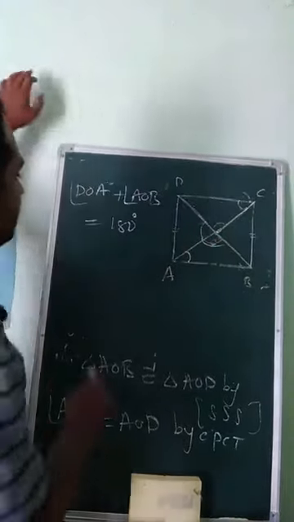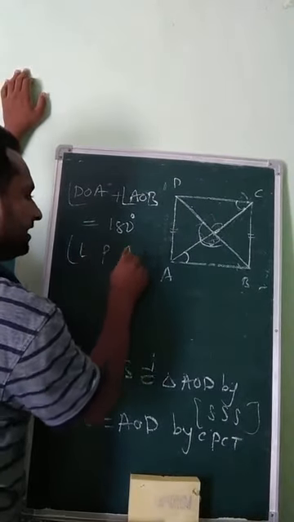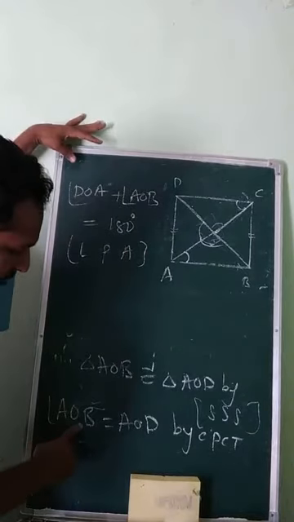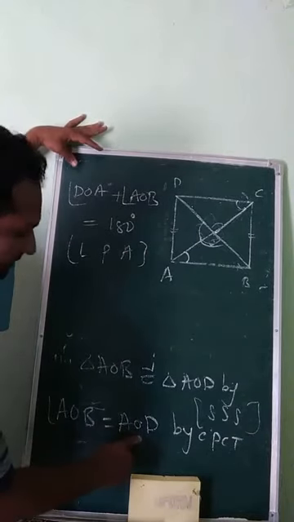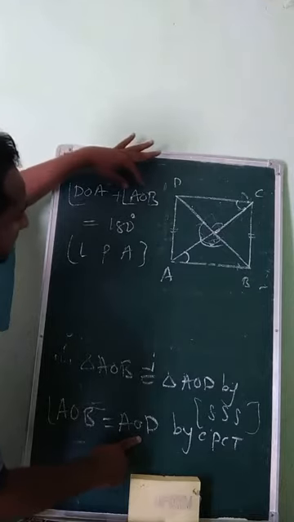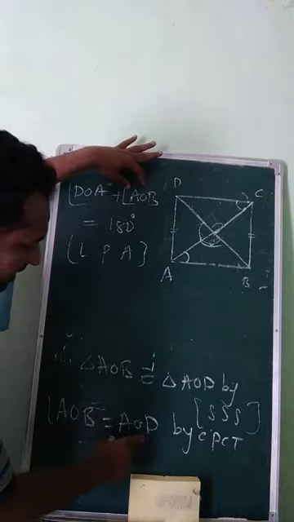I will write the linear pair angle reason here. Now both angles are equal: AOB is equal to AOD. Instead of AOD, I shall write AOB here.